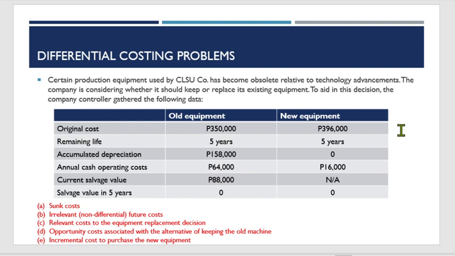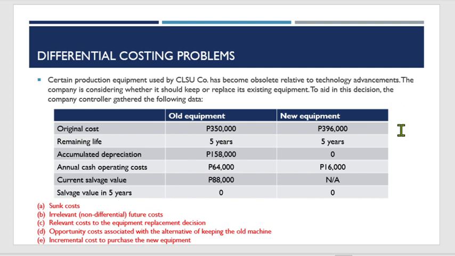Next, kapag binili ko itong new equipment, meron ba akong matitipid? Meron. Yung cash operating cost na dati 64,000 pero ngayon magiging 16,000 kasi baka mas efficient itong new equipment, mas lesser ang repairs and maintenance kaya bumaba yung cash operating cost.